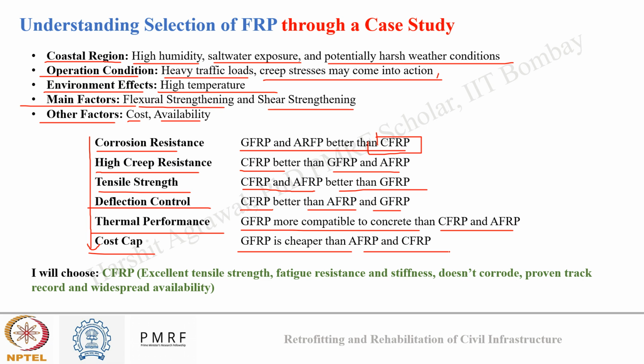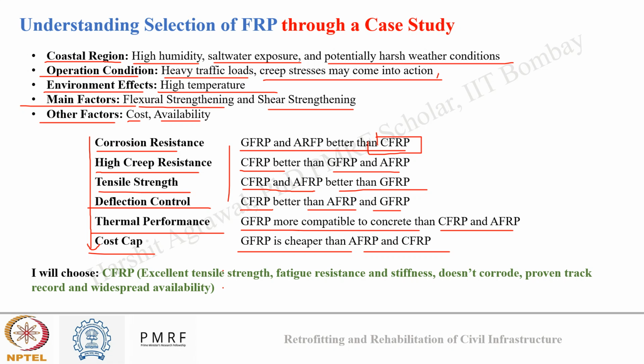Once you have done the scaling, I might rate the importance of tensile strength at 5, while for cost, I don't have very much constraint. I can go for expensive material also, so my constraint on cost will be very low. Based on the constraints, you can go further and make the appropriate choice of material.